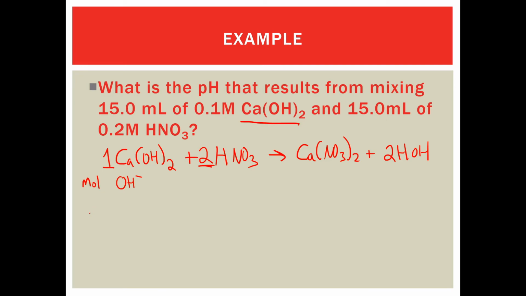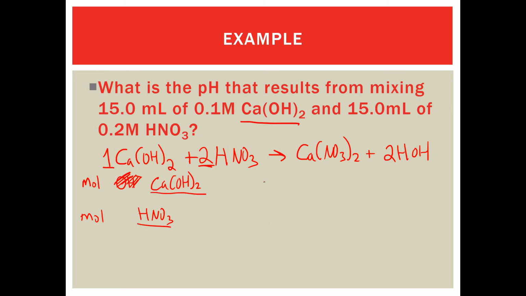Okay. And then, well, that's one way to do it. If you do it in moles of calcium hydroxide, we actually could do that. Let's do it in moles of calcium hydroxide, and then moles of nitric acid. And we just have to understand that we have a 1-to-2 relationship between the calcium hydroxide and nitric acid.